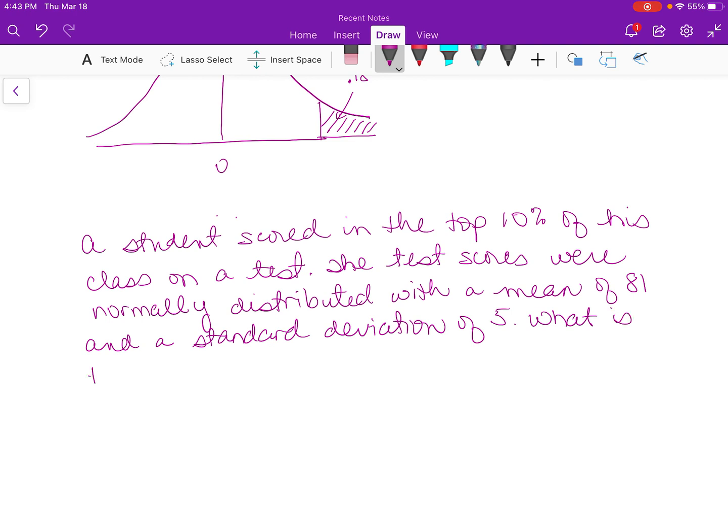What is the lowest score one could make and be in the top 10%?